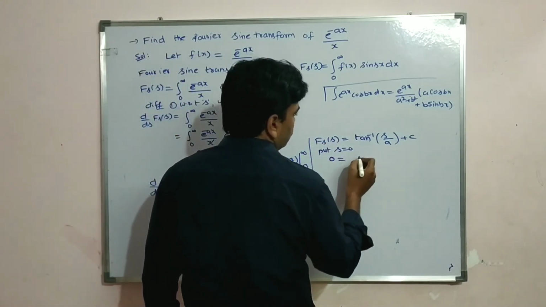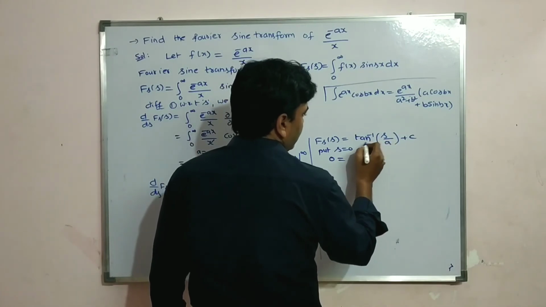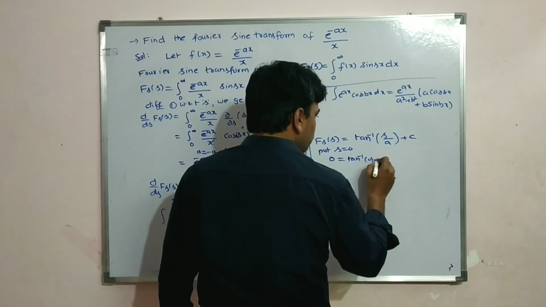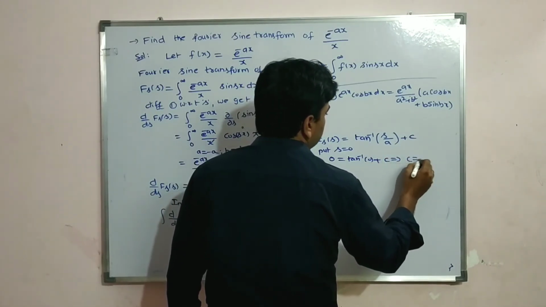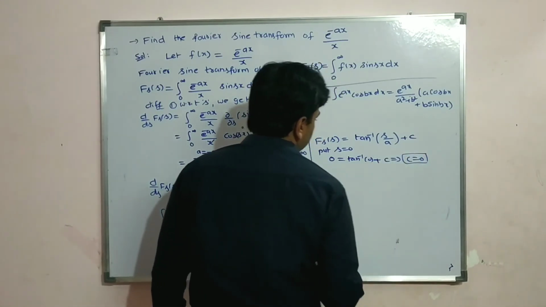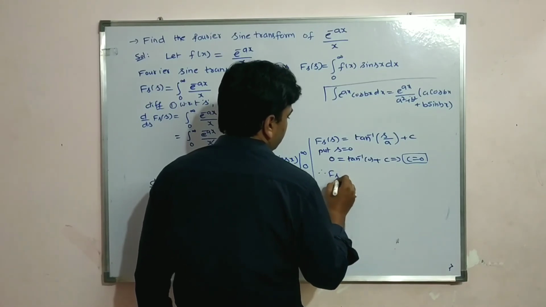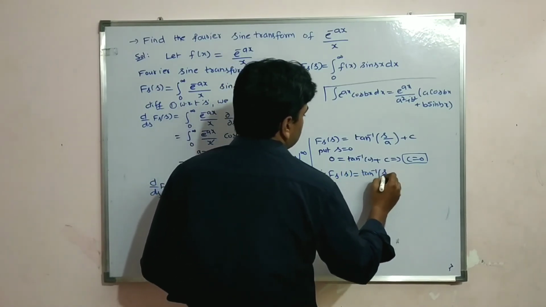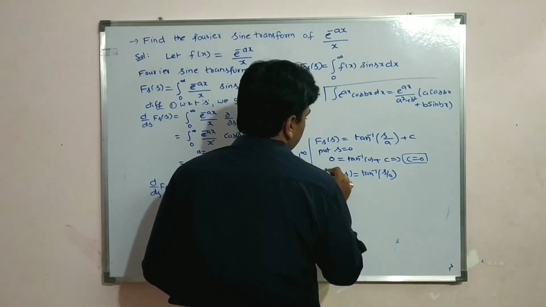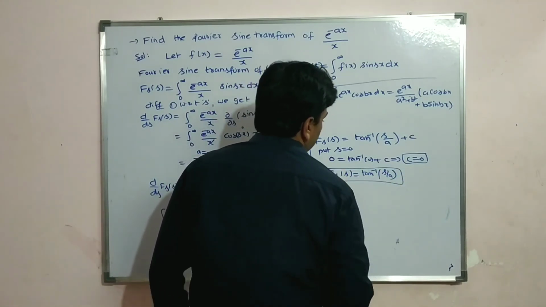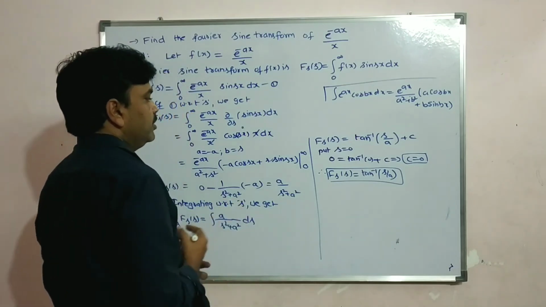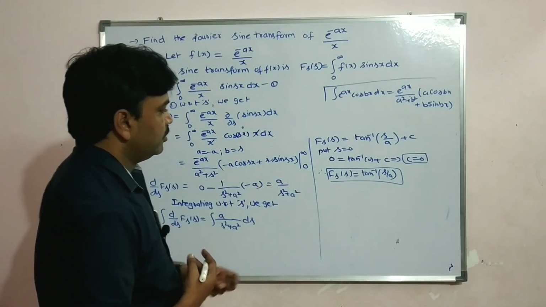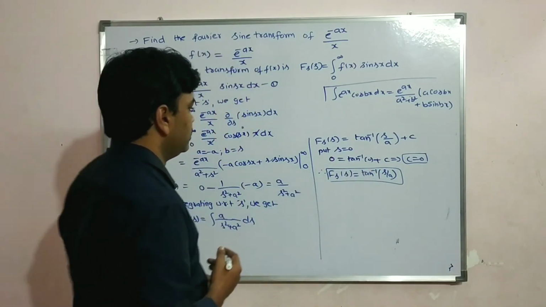So that is equal to tan inverse 0, which is also 0, plus c. Finally the c value is 0. Therefore Fs of s is tan inverse s by a. The Fourier Sine Transform is tan inverse s by a.